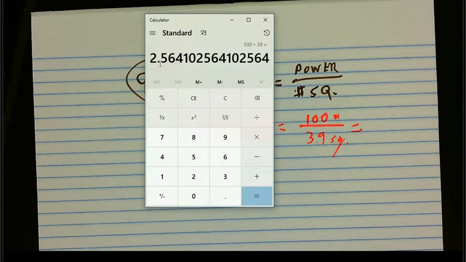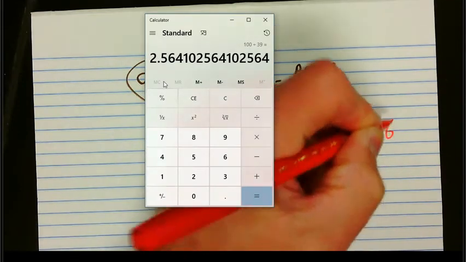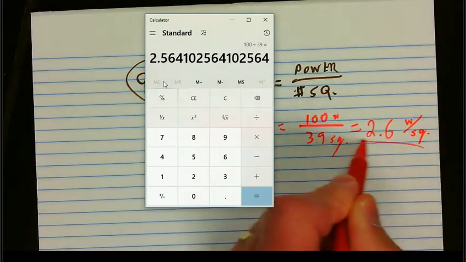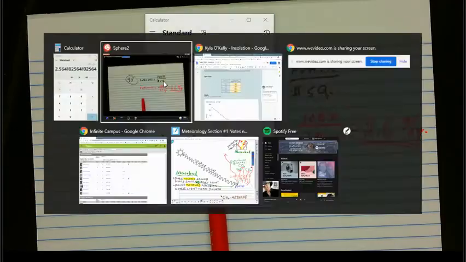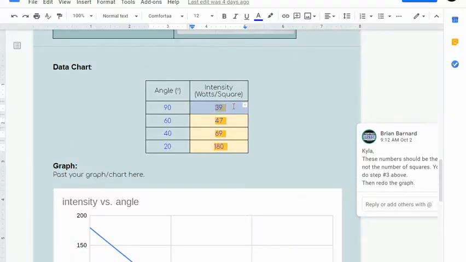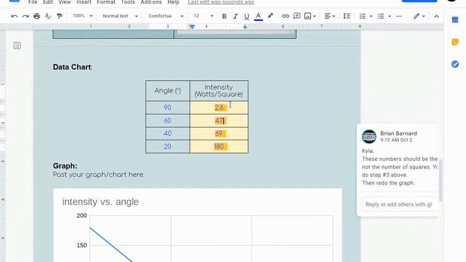So this nearest tenth place is the first number after the decimal. The 6 changes the 5. So 2.6 watts per square. That means every square is getting 2.6 watts of energy. So this number here shouldn't be 39. That should be 2.6. That's what that number should be.